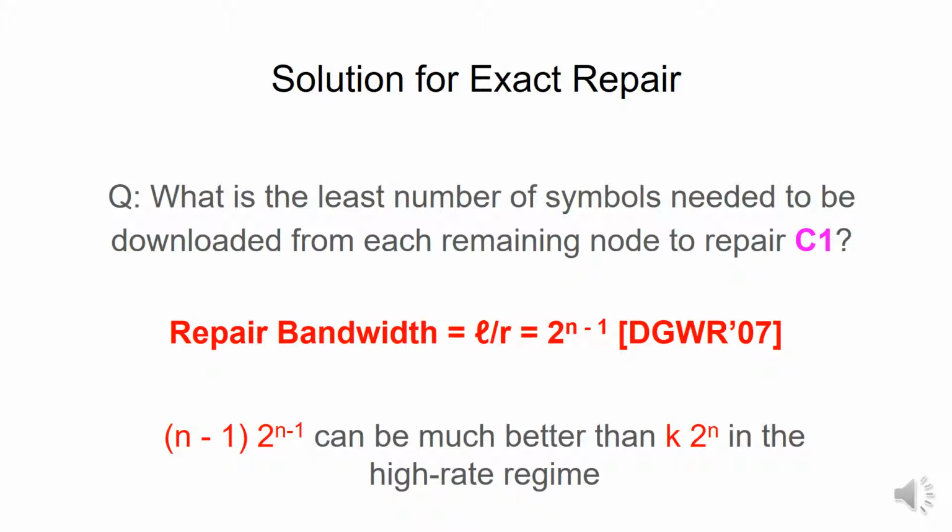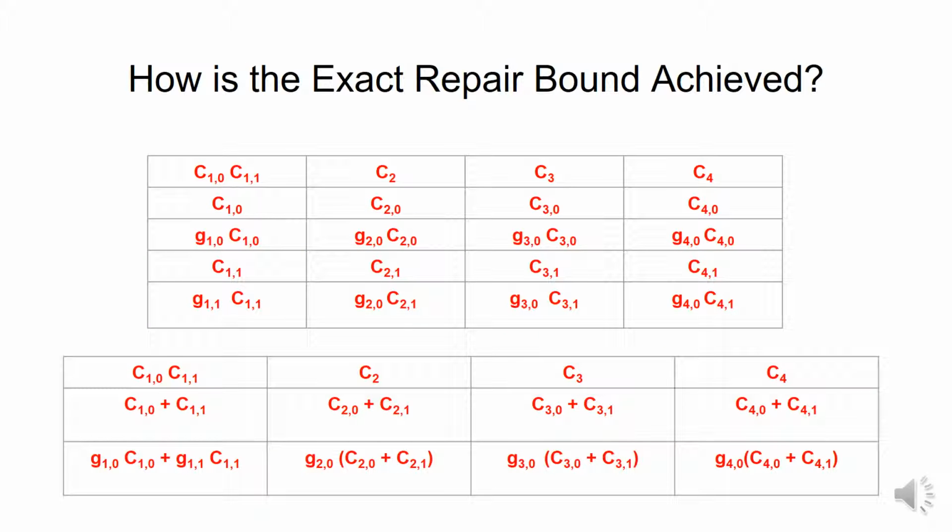So now the point is, how can you achieve this? And this is where the a_j's binary representation comes into the picture. In this slide, I'll sketch how this exact repair bound is achieved. What I've done here is show the repair of 2 symbols in C1, C10 and C11, and I've written the parity check coefficients corresponding to these 2 symbols. There are 4 of them since R is 2.